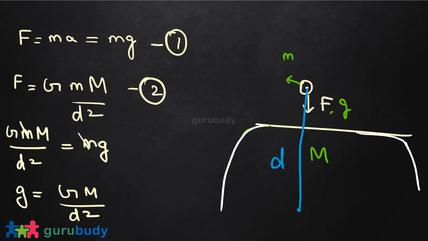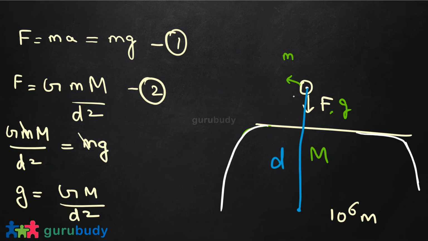Now we will use some approximations here. We know that the radius of the earth is pretty big, on the order of 10 to the power 6 meters, so it's like 1,000 kilometers. That's the order of the earth's radius.